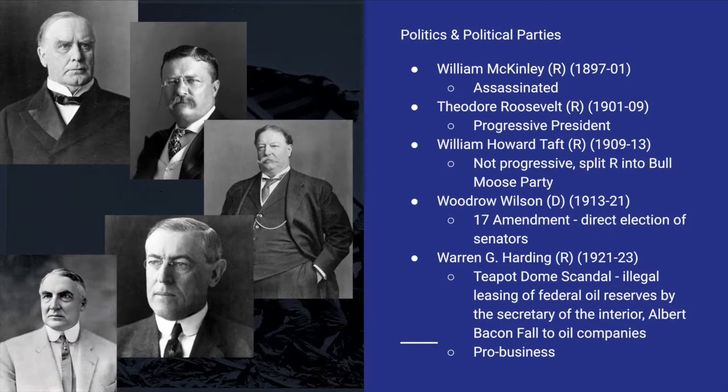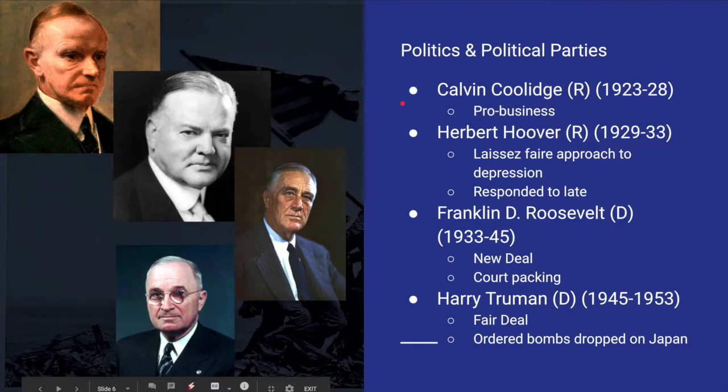And Harding is one of these new Republicans who mainly focuses on being pro-business. Next up, we have Calvin Coolidge, a Republican, again a pro-business guy. And then after him, we have Herbert Hoover, who is another laissez-faire, hands-off, pro-business president.